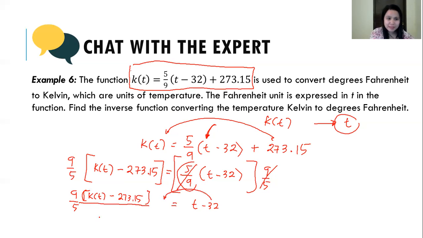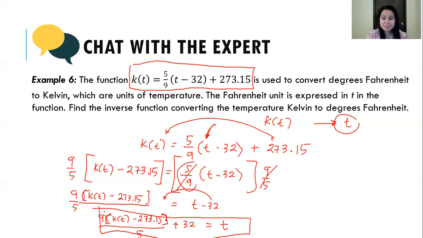So we now have 9 times k of t minus 273.15 all over 5. Negative 32 becomes positive 32 equals t. This is now the answer.